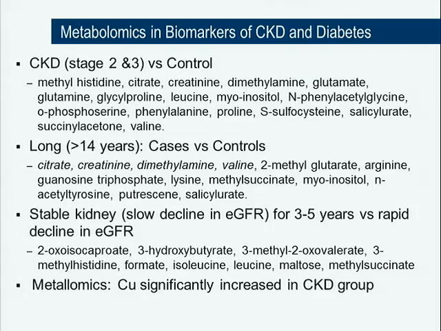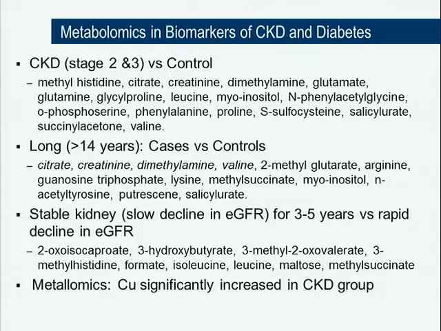And then there's these other things that are our biomarkers that we're exploring. Now, we also looked at the subjects who had diabetes for longer periods of time, and differentiated those by cases and controls also, and came up with some of the same metabolites for the longer illnesses, and then some additional ones that are different.